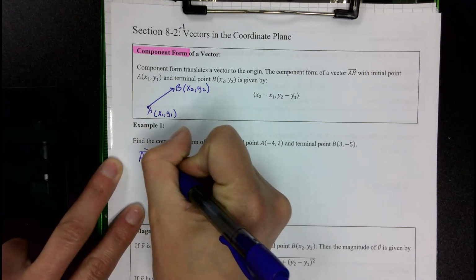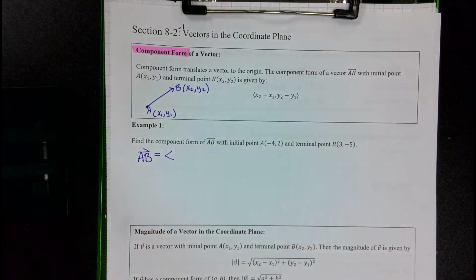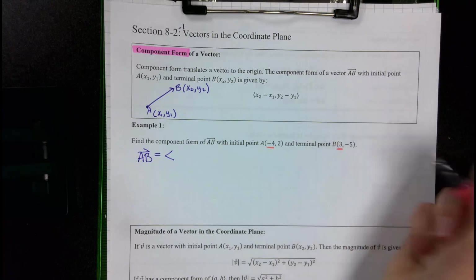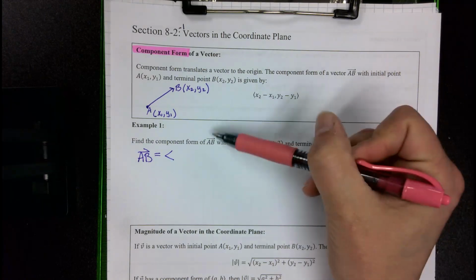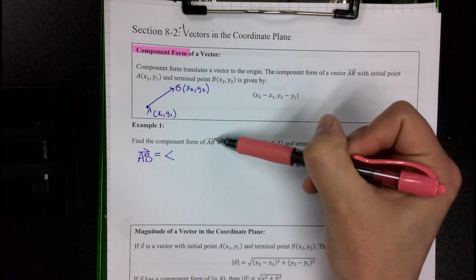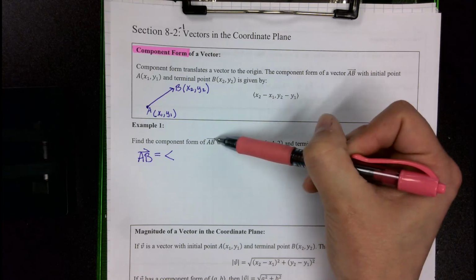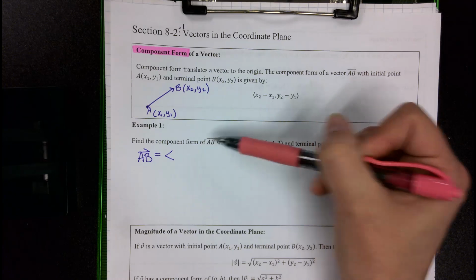So in component form, vector AB, use vector brackets, and I'm going to take the x from A and the x from B, and since B is the terminal point, I can see by looking at this notation, the arrow is above the B, so that means it is the terminal side, where the A is where the ray began, so that's the initial.